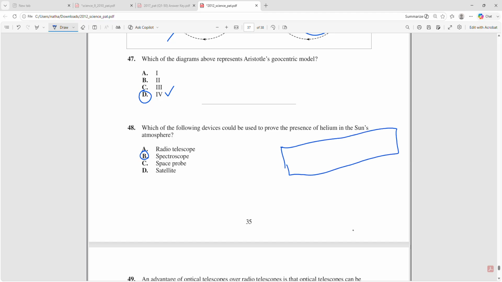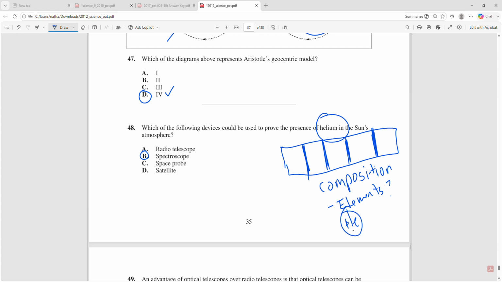It was like the colored band was multiple colors, and then we had these dark bars, and that was the spectrometer, or right, the spectroscope, and that is helping us determine the composition of something, composition, which means what it's made up of, what it's composed of. So what are the elements that are in that thing? And helium being one of those potential elements.